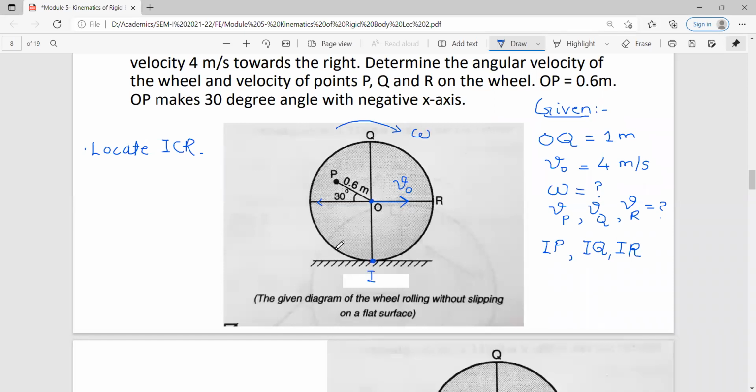Sir, why not O is the ICR? Because this wheel is not turning about point O. It is turning about the point of contact. You consider this wheel like this.